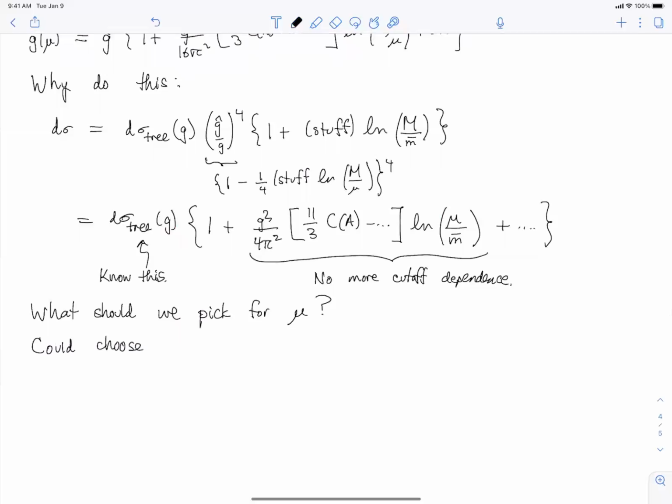Seemingly, you could just choose mu equals the cutoff, but we don't know what that is, so you can't do that. Not that there's any reason you'd want to. You could choose it to be something roughly like what the cutoff is. Maybe it's the Planck scale, who knows? But that's a bad choice.